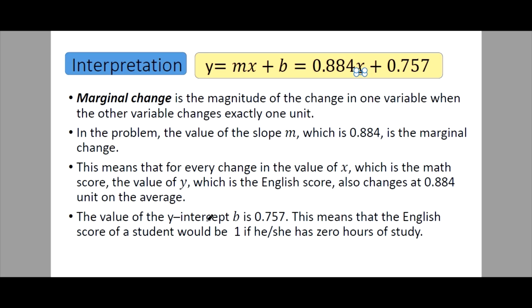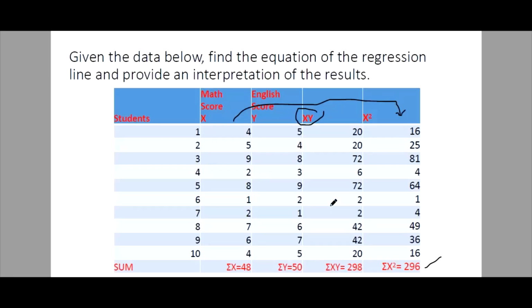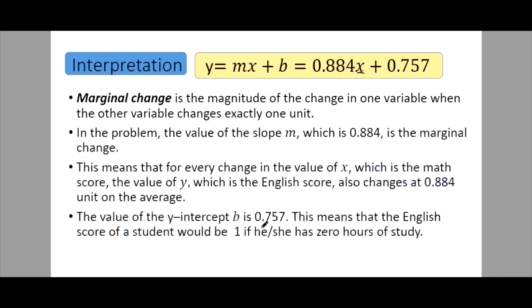The value of the y-intercept, which is b, 0.757, means that if the score of the student in math is 0, then of course his English score is about 1.